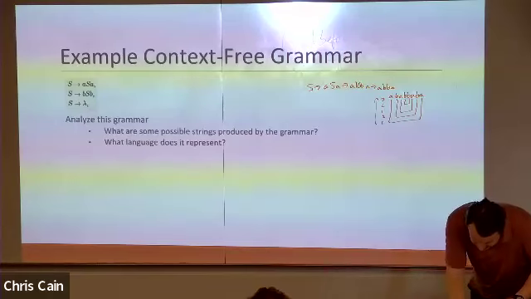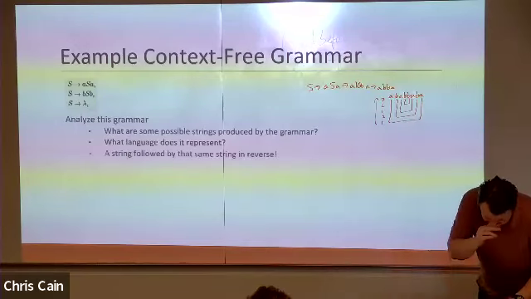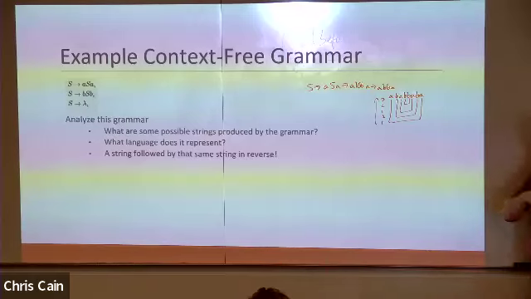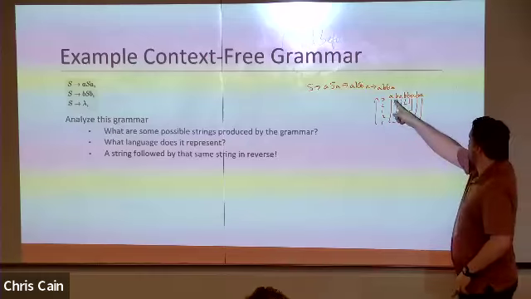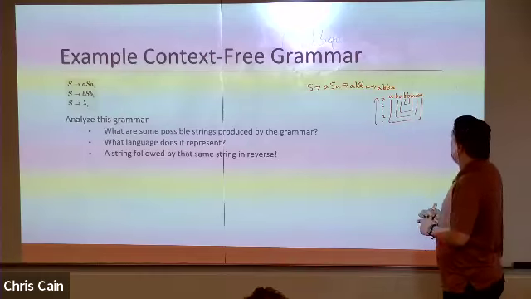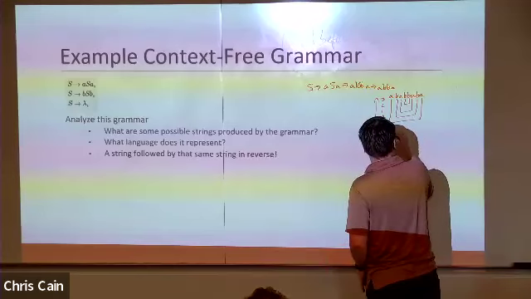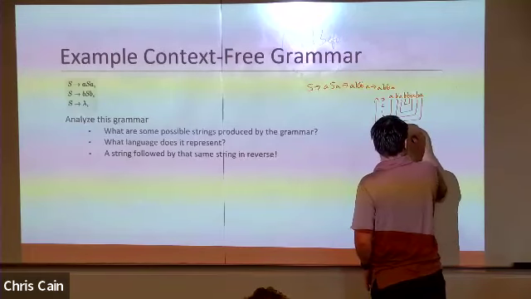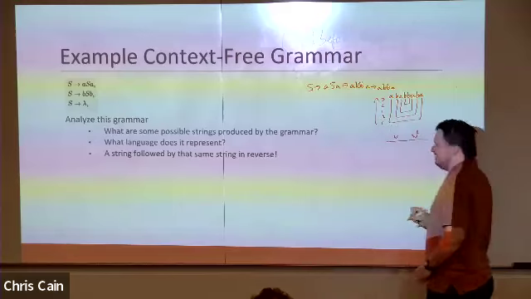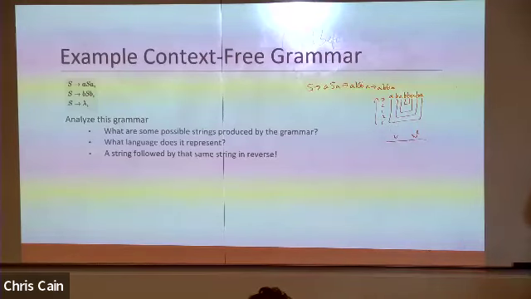Cool. So we get a string followed by the same string in reverse, a subset of palindromes. So this was the string W followed by W^R, which is another language that we showed was not regular in the last set of slides.